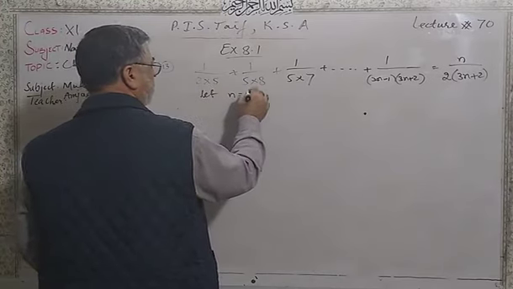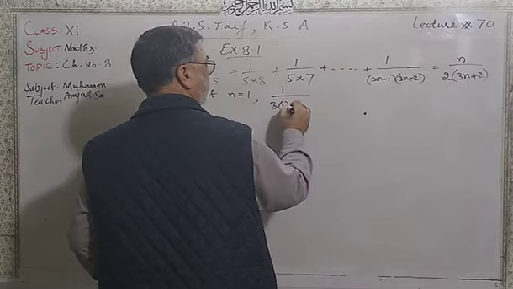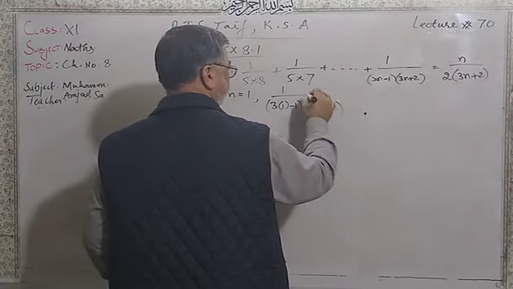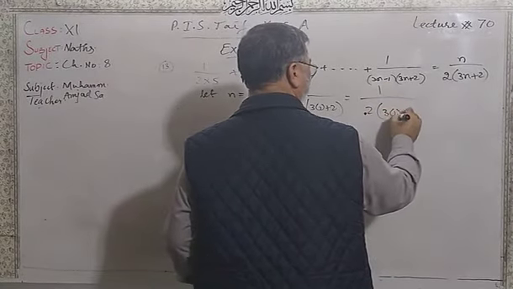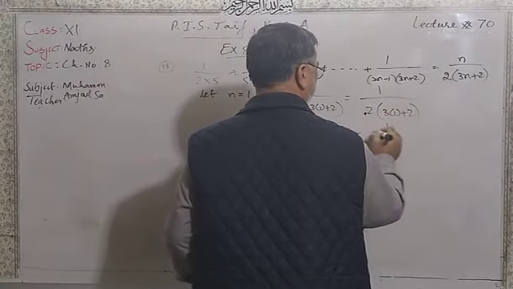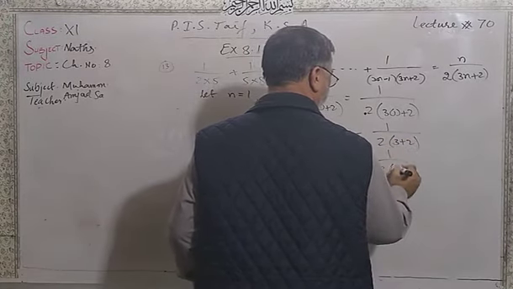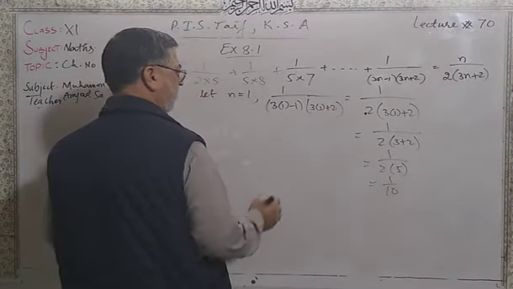Let n is equal to 1. So 1 over 3 into 1 minus 1, into 3 into 1 plus 2, is equal to 1 over 2 into 3 into 1 plus 2. Here it is 1 over 2 into 3 plus 2, that is 1 over 2 into 5, which is 1 over 10. Left hand side is 1 over 10.